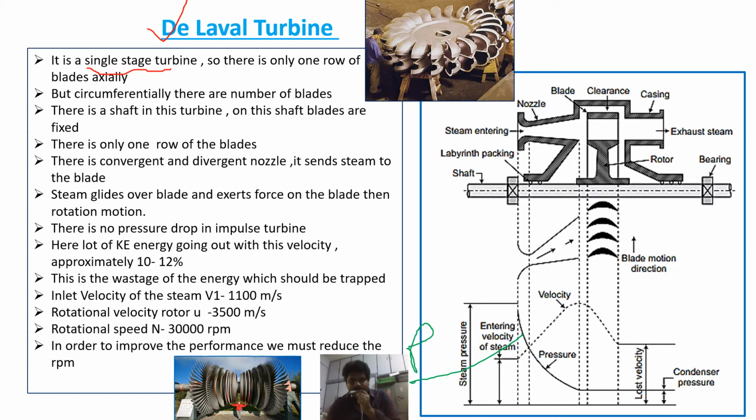As we know that initially the steam will enter into the nozzle. So when steam is entering into the nozzle, the pressure will decrease, so that here the pressure line decreases. After the nozzle, it will enter into the gap. In the gap, as I said, there is no change in the velocity and pressure.